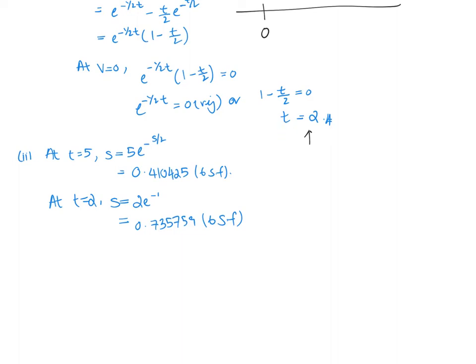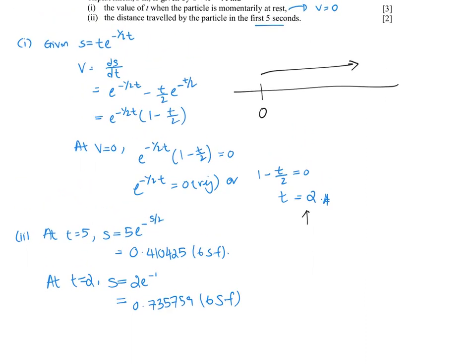So if you were to draw the diagram out, how would the behavior of the particle look like? At the first instance, at t equals 2, it has traveled to here, 0.735759. After it was momentarily at rest at time equals 2, we see that the displacement has decreased to 0.410425.